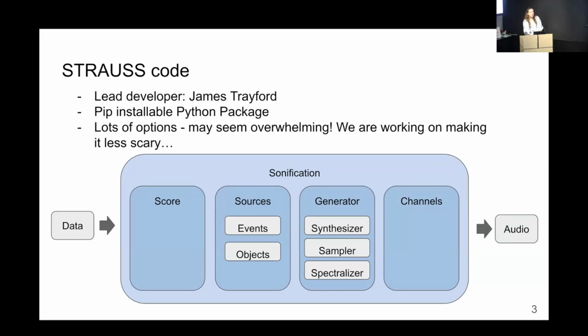But there are ways you can create your own speaker layouts, in theory any custom layout, and we've used this for planetarium shows with 5.1 surround sound. Then all the information from these classes is brought together with the sonification class, and you get your audio at the end.